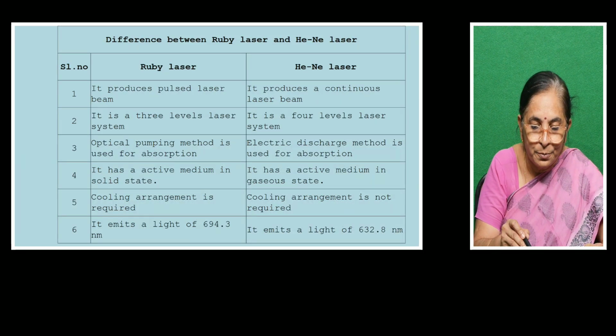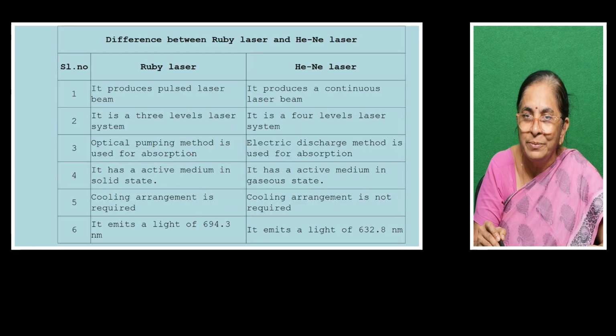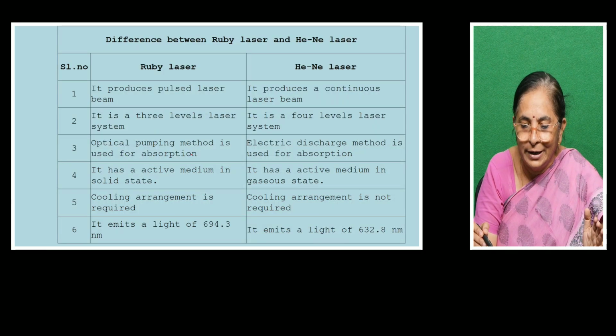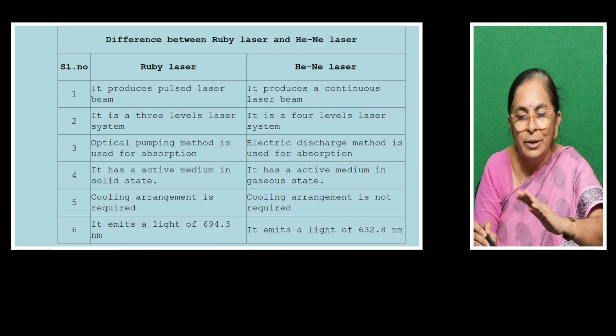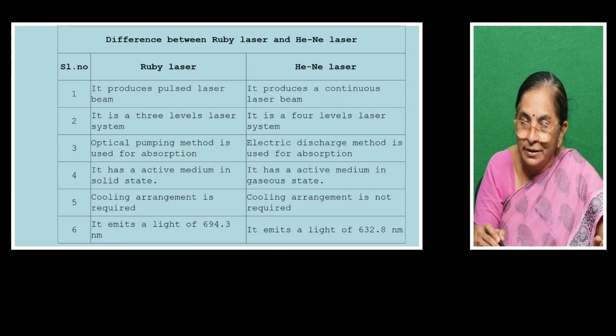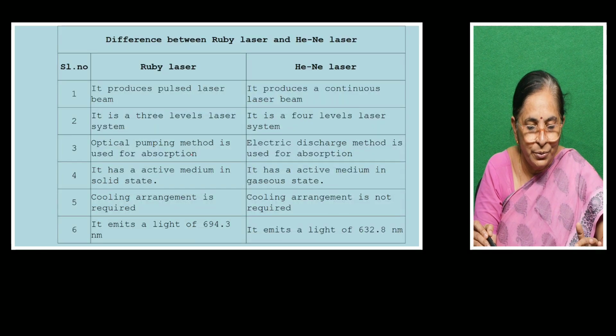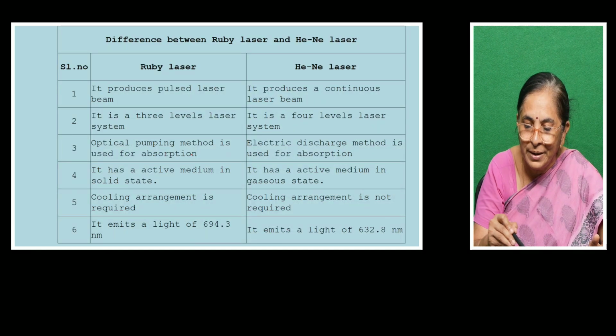So that is the optical pumping method, whereas in the helium neon laser system, we use only electrical discharge. We apply the voltage between the electrodes, electrical discharge takes place releasing electrons, then collisions between the helium atoms and the electrons take place, and the process goes. So the ruby laser has optical pumping, and here the pumping method is electrical discharge.